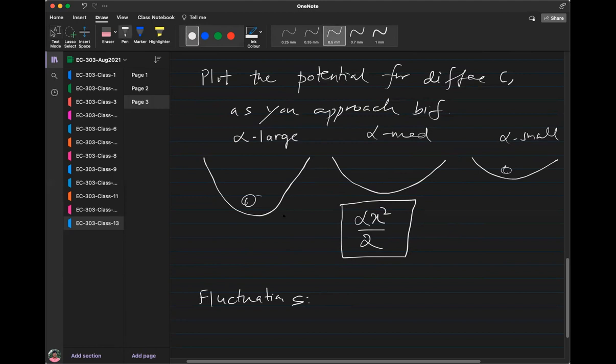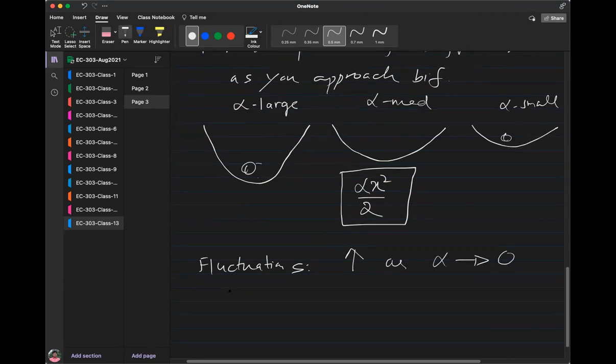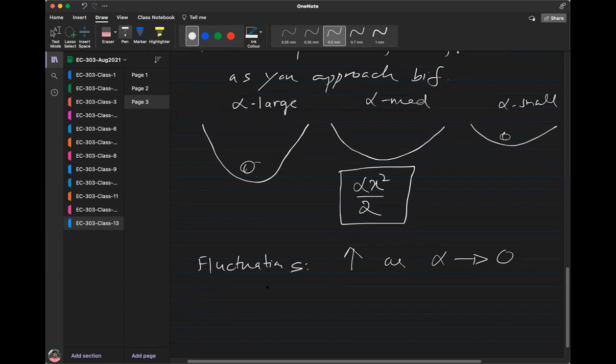So do you think it will fluctuate more in this case or in this case? It will fluctuate more when alpha is small. Right. As alpha goes to 0, fluctuations increase.